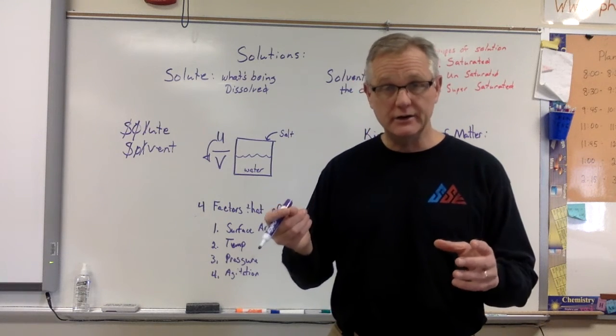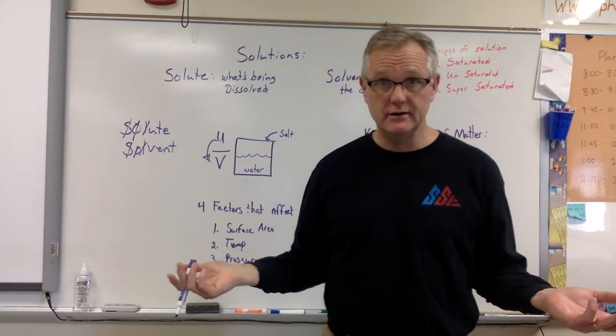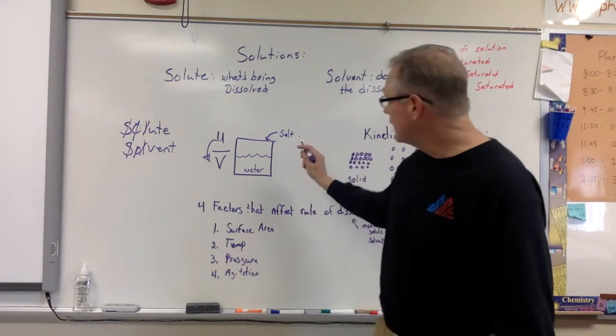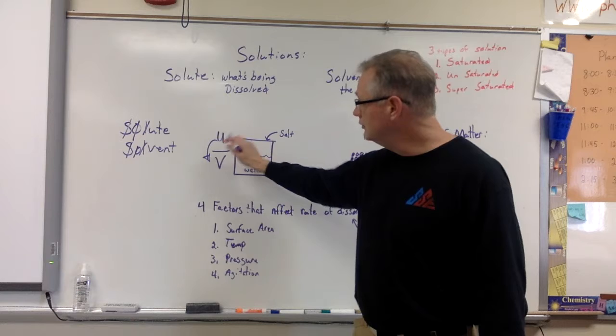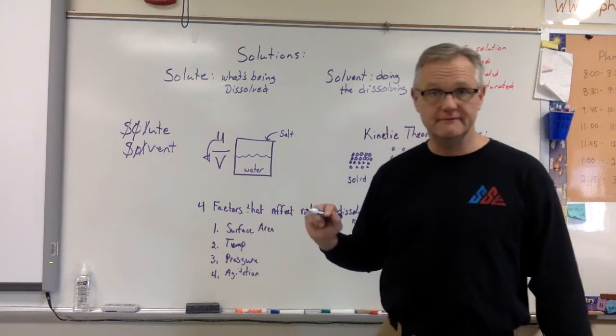When you take salt and put it into the water and stir it up, what's doing the dissolving? The water. What's being dissolved? The salt. So the solute is always going to be dissolved in the solvent.